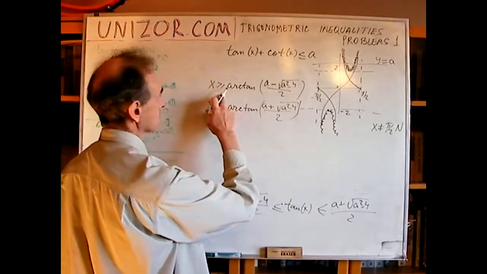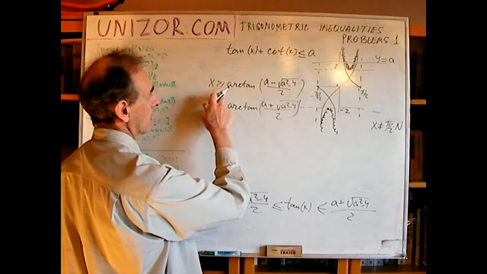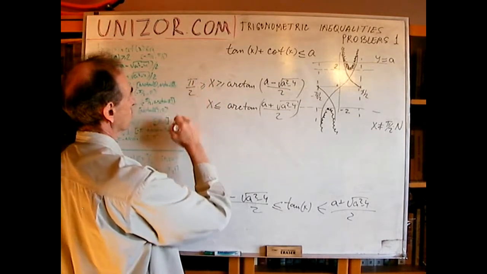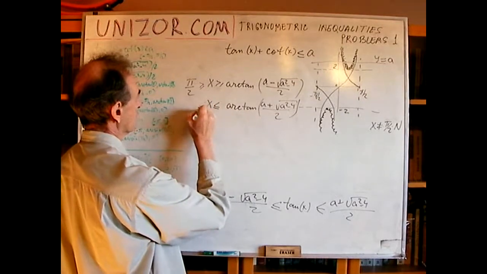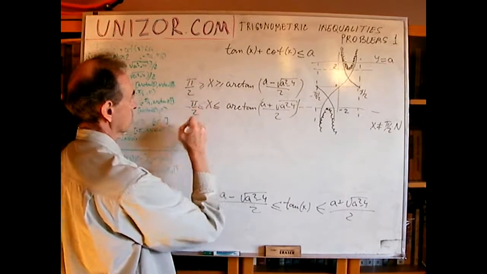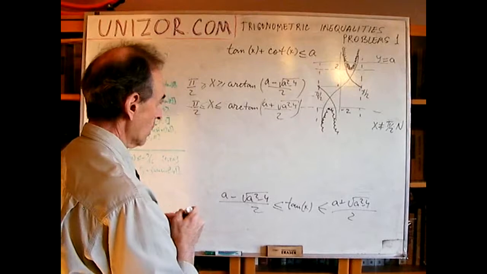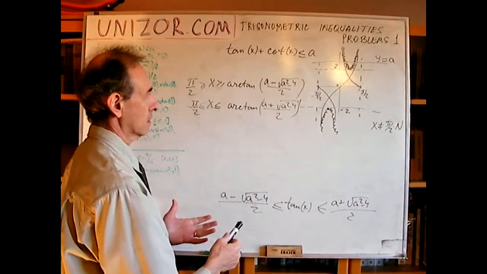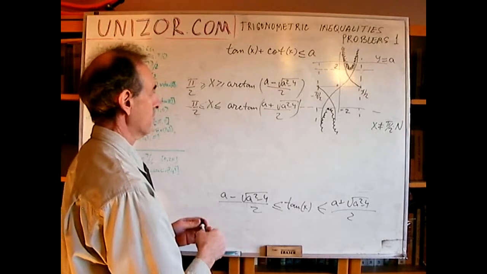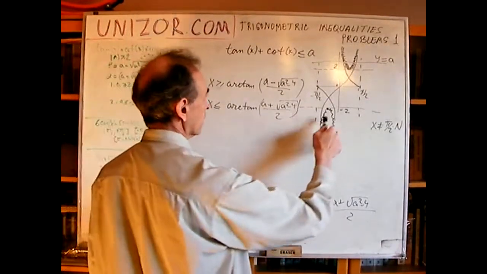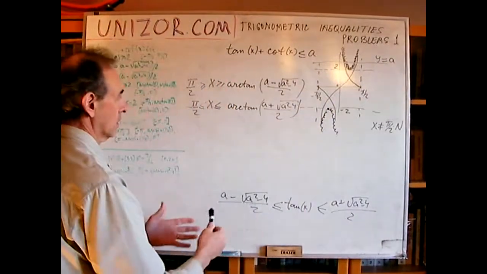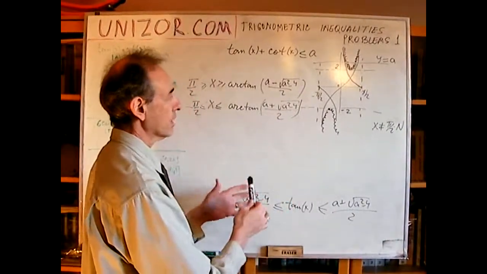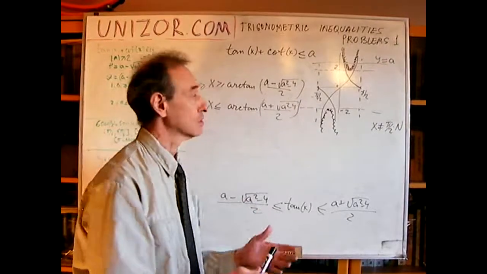So if x is greater than this one, then that should be less than or equal to pi over 2, and in this case it should be greater or equal to minus pi over 2, right? So whenever a is greater than 2 by absolute value, we basically have this particular type of inequalities, which we have to combine together into some kind of a solution, right?